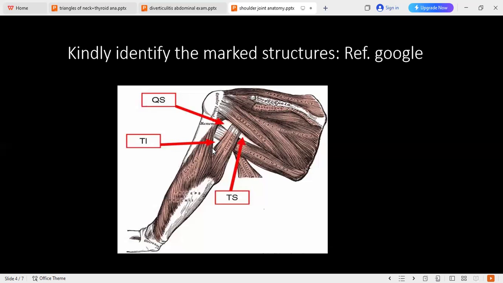What are the contents of this triangular interval? Radial nerve and profunda brachii artery. Yes, now you know it.